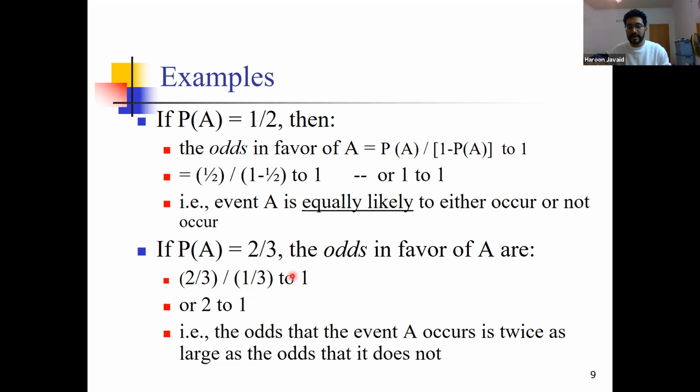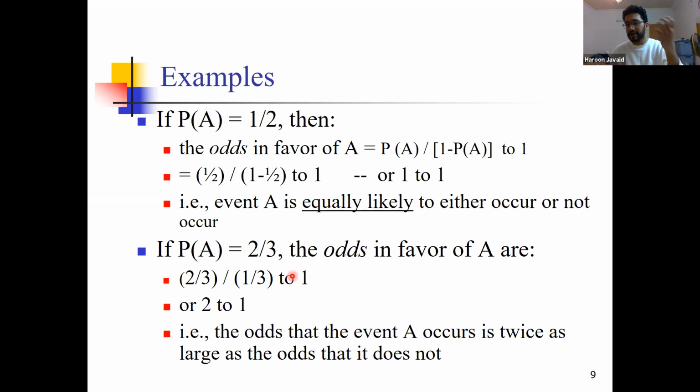So odds basically means, how do I explain this? It's another fancy way of comparing how likely an event is to occur, okay? But we're comparing it with the chances of it not occurring.